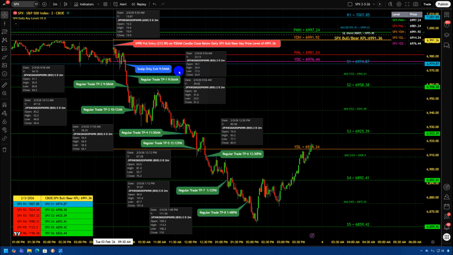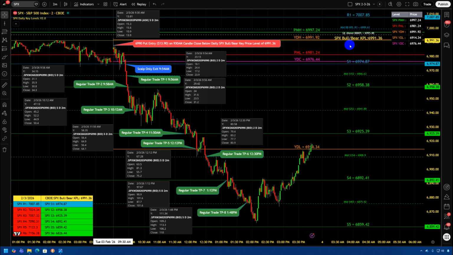However, with this particular indicator, there is a second type of trade called a regular trade. A regular trade differs from a scalp in a couple of different ways. With a regular trade, you have several different options available to you about exiting and managing your trade once the trade hits the minimum 1.5 level move in your favor.